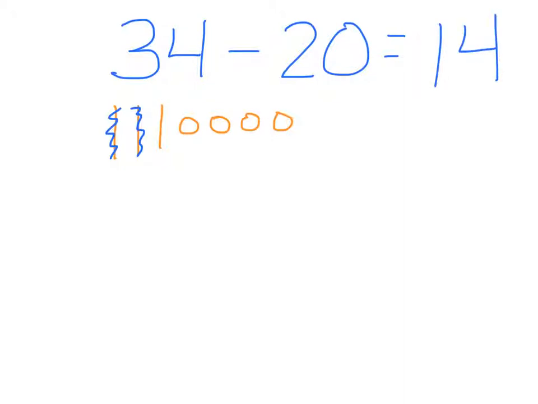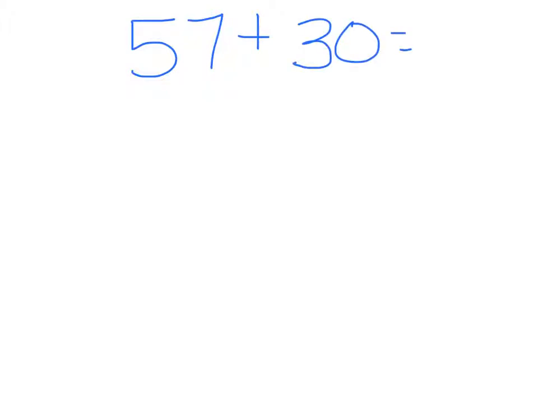Now it's your turn. Let's try 57 plus 30. Can you draw tens and ones and illustrate it on your whiteboard for me? Go ahead and pause this and you can start it back up when you're finished. All right, this is what that should have looked like.